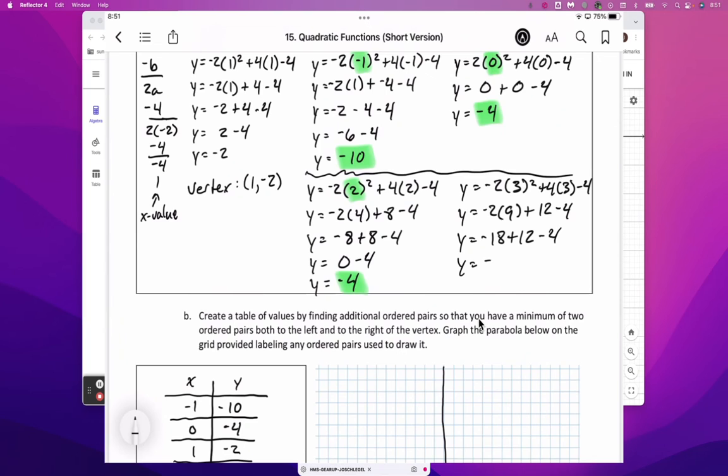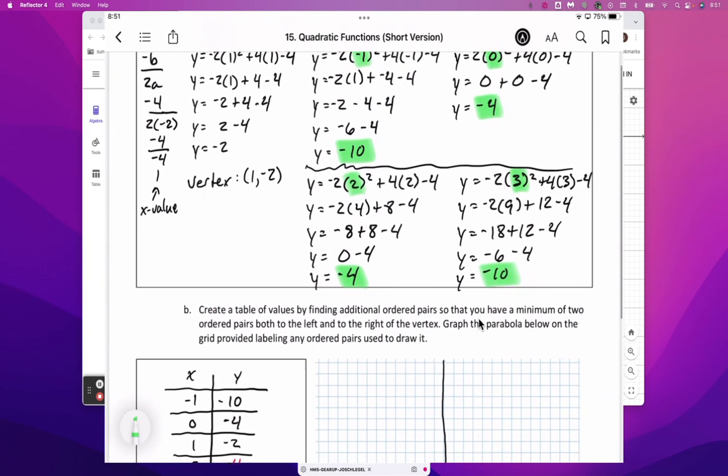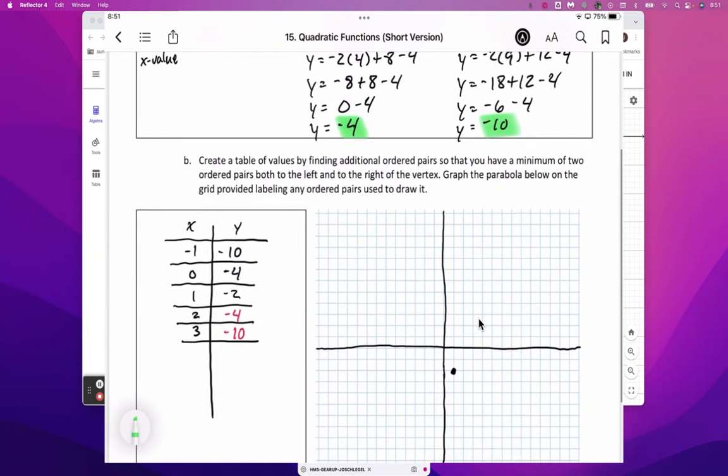Negative 18 plus positive 12 is negative 6, minus 4. Y equals negative 10. So when our x value is 3, our y value is negative 10. And again, we already knew that.